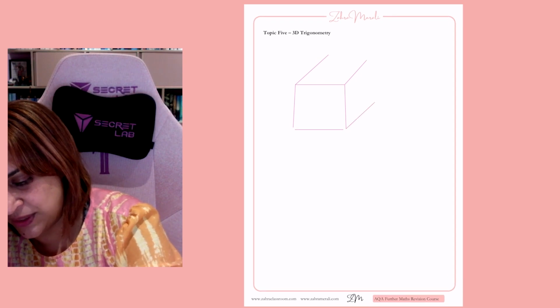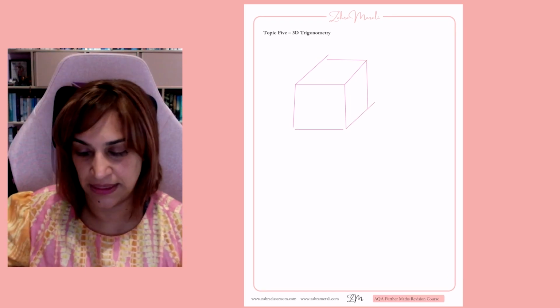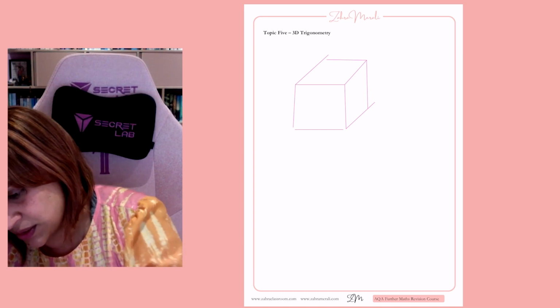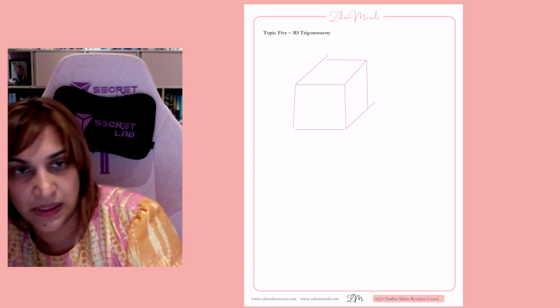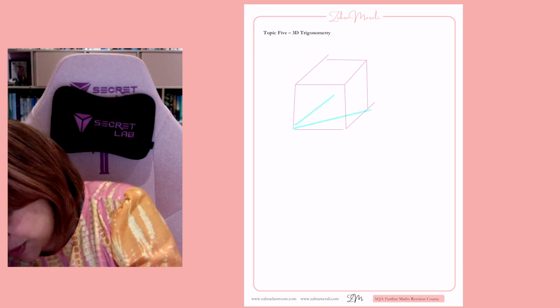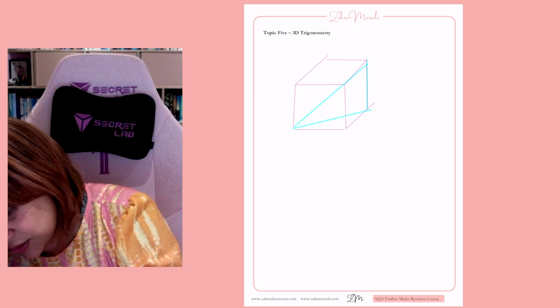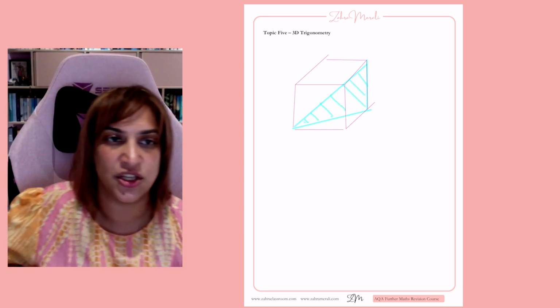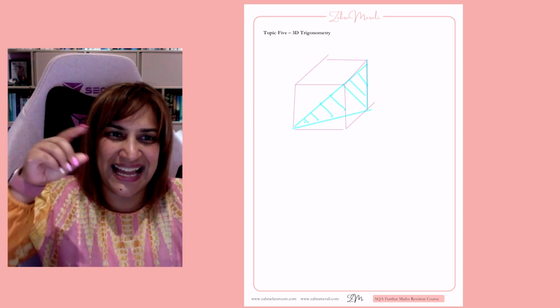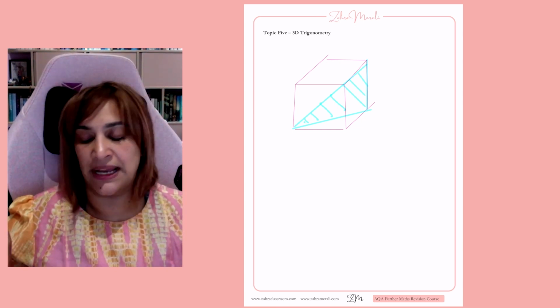So if I have a 3D sort of cube, you'd have, say for example, a floating kind of triangle over here, inside this cube, right? What you have to think of is that everything is right angles.